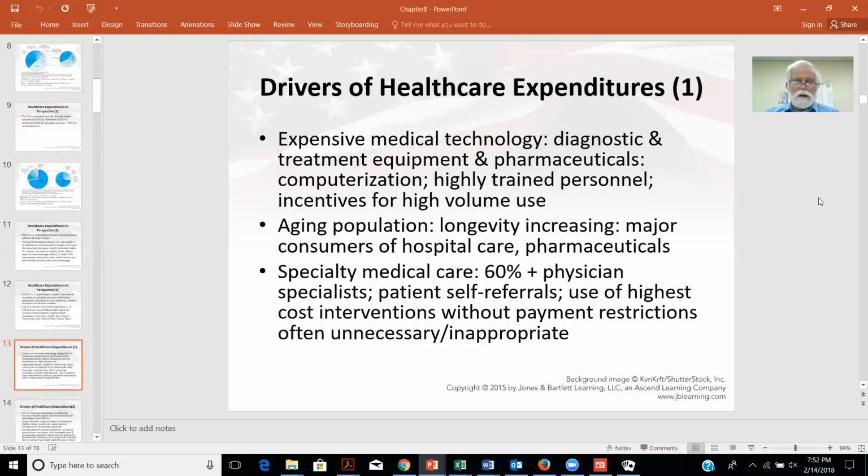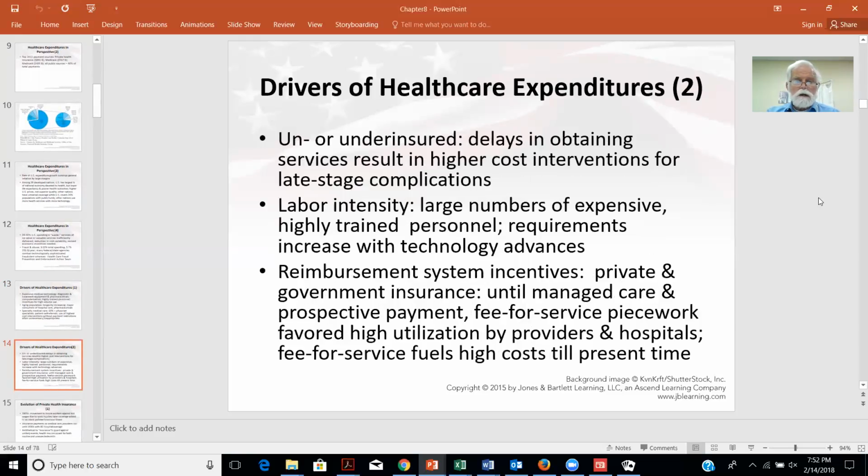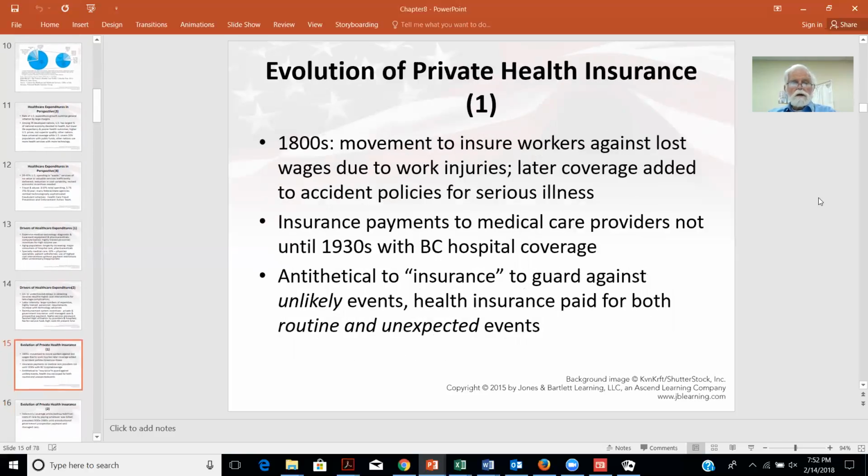Our aging population with increasing longevity are the major consumers. Drivers of the expenditures: labor, reimbursement and system incentives, and other ways of driving it.